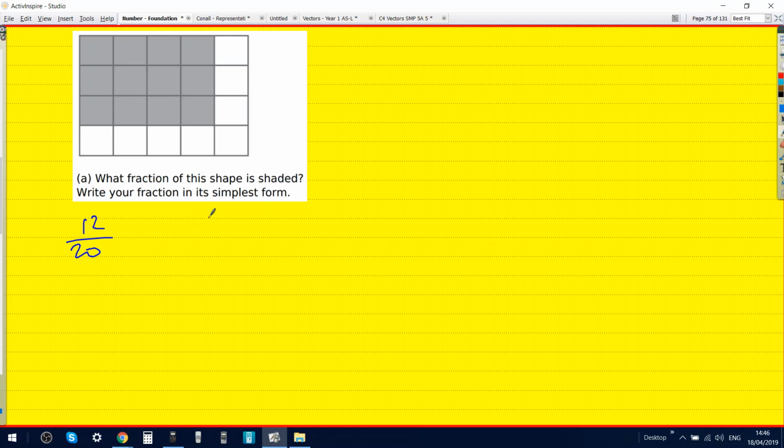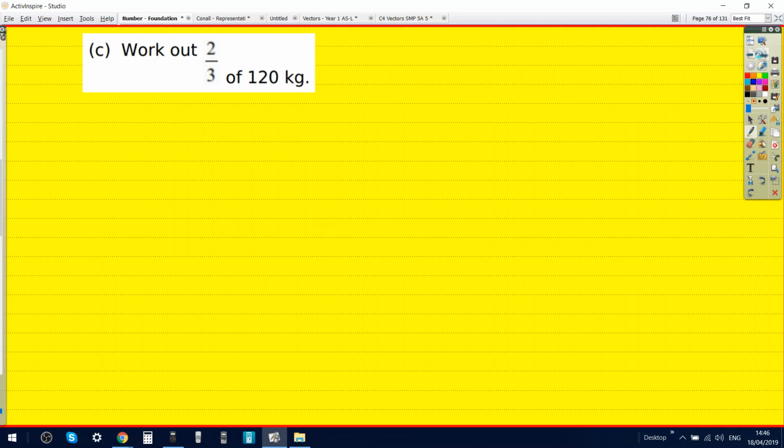Right, to simplify that, both are in the times table. So 6 over 10. And then you can simplify further. 3 over 5. Well done. It's fine, so we're good there.